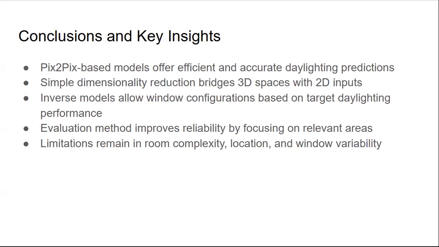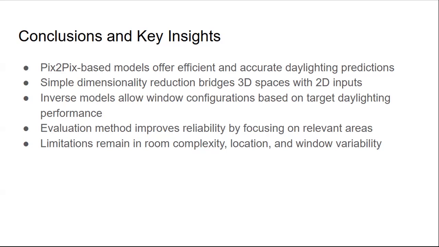Our research demonstrates that cGAN-based models can effectively predict annual daylight results with high accuracy, even when handling complex geometrical variations. The innovative dimensionality reduction method simplifies the prediction process, while the inverse prediction models provide new opportunities for daylight-centered design.